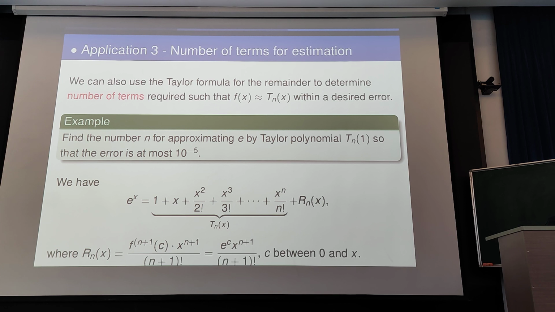That is not good in some sense. So we need to optimize the number of terms in the Taylor polynomial, or we need to find a suitable, the best Taylor polynomial to use. Okay. So here is an example.